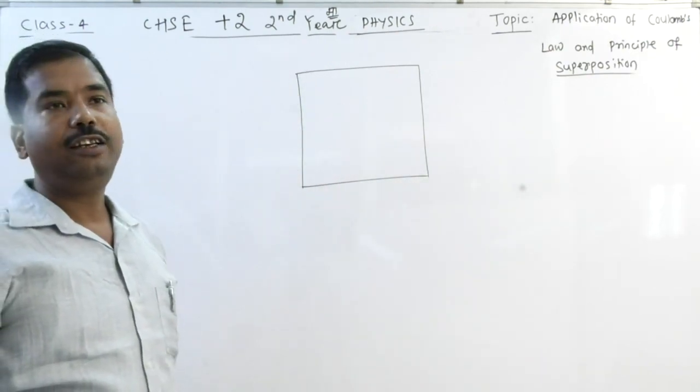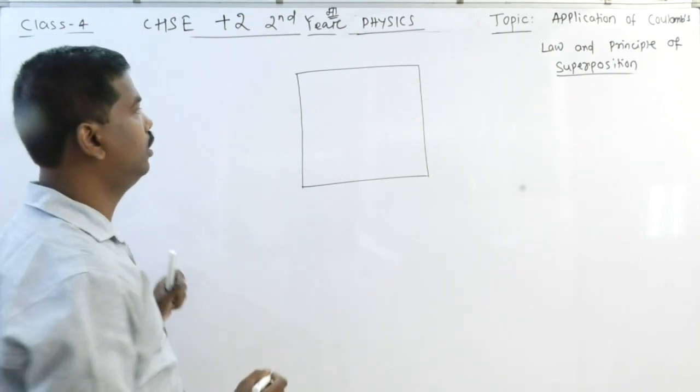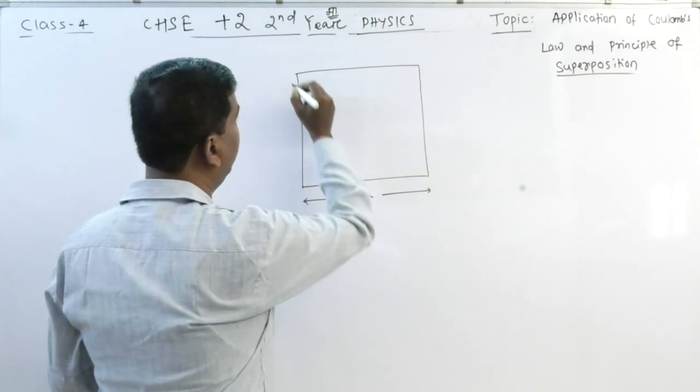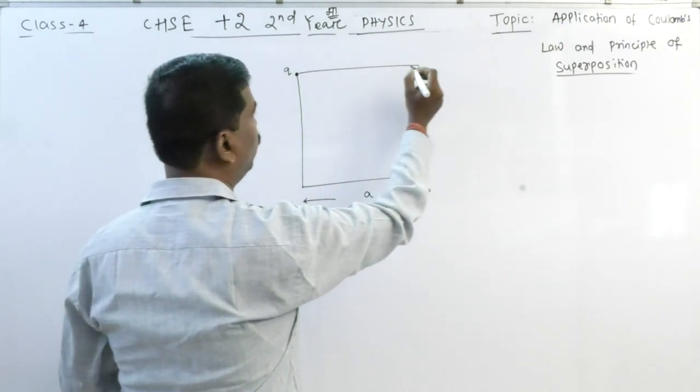In this case, I have taken a square. Let each side of the square be A, and 4 equal charges Q are placed at the 4 vertices.